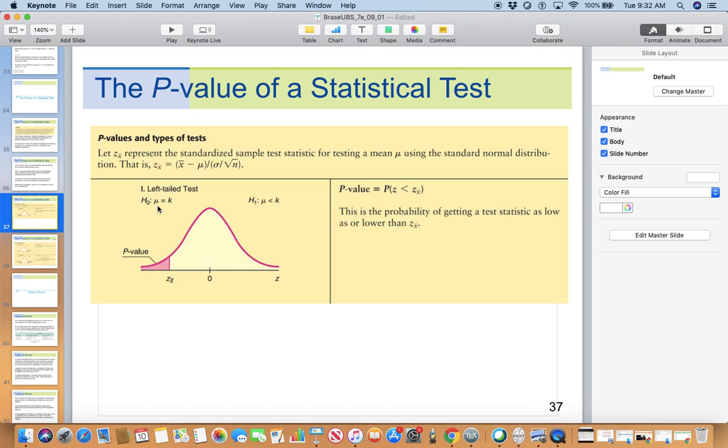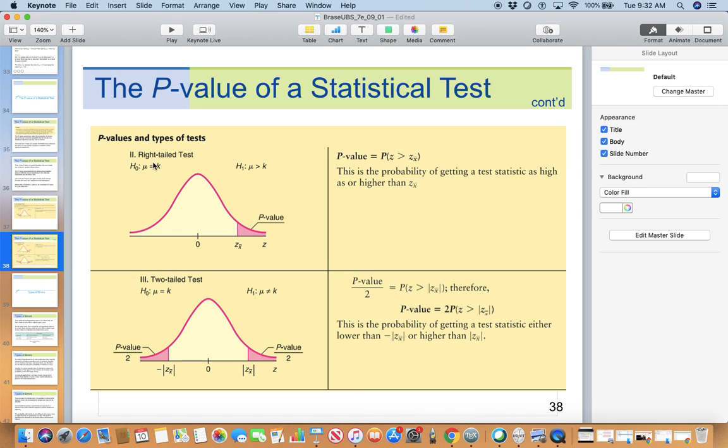H naught is mu equals k. H1 is mu less than k. That's why we needed the left tail. The p-value is the probability Z less than Z x bar. This is the probability of getting a test statistic as low as or lower than Z x bar.